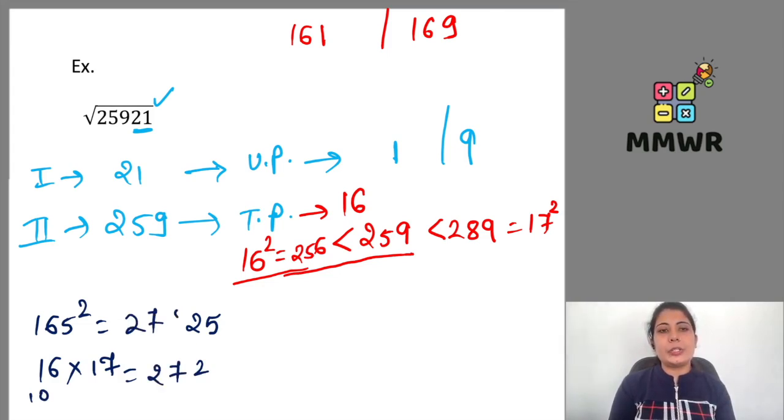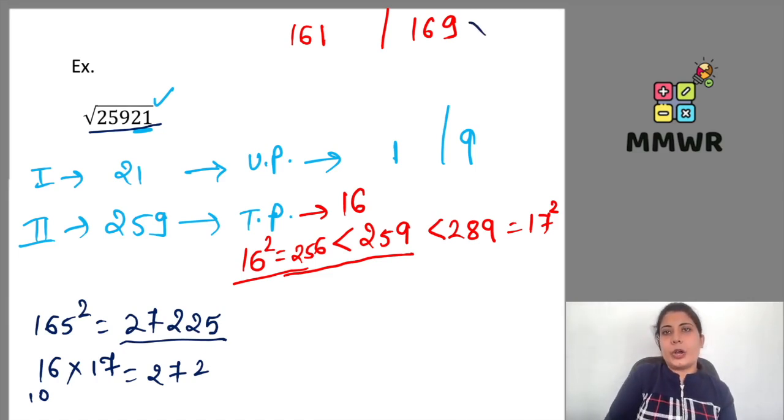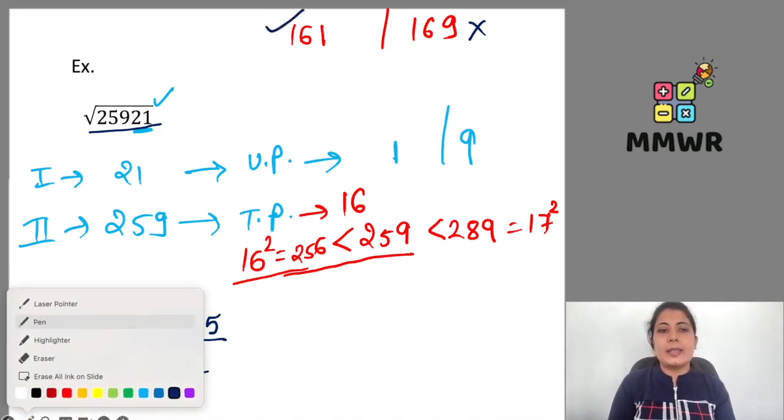So 27225. Now comparing 25921 and 27225, we can clearly get the hint that 165's square is greater than the given number. That means the square root of the given number is less than 165. So we do not have the possibility for 169. We only have one option with us, that is 161.